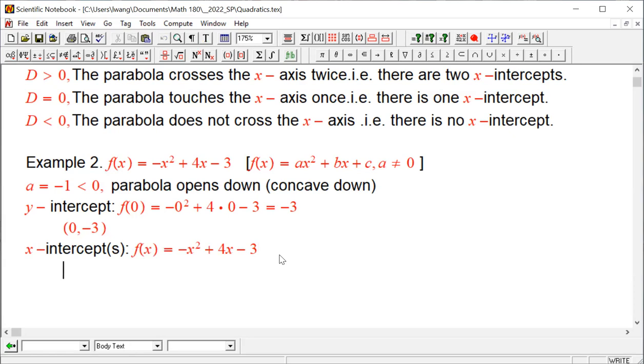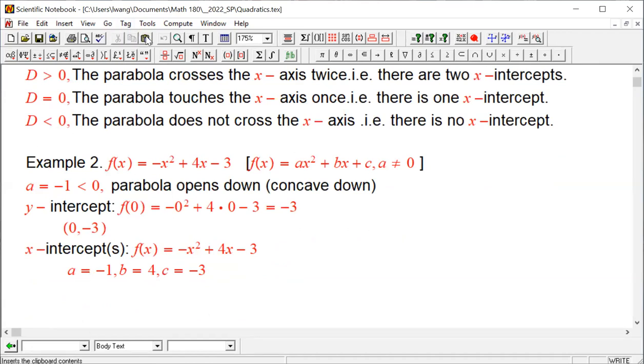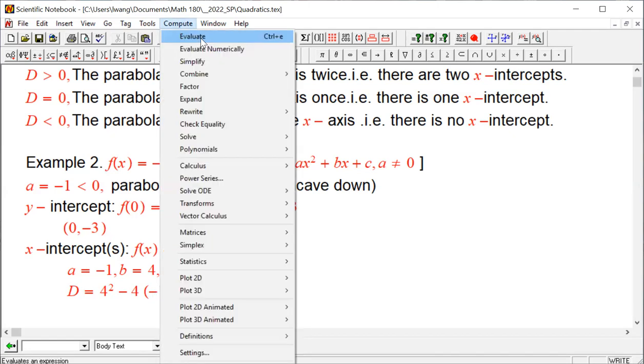We already know a equals -1, b equals 4, and c equals -3. So all we have to do is take the discriminant and plug in: 4 squared, a is -1, c is -3, right? So we assess this value and we got 4.